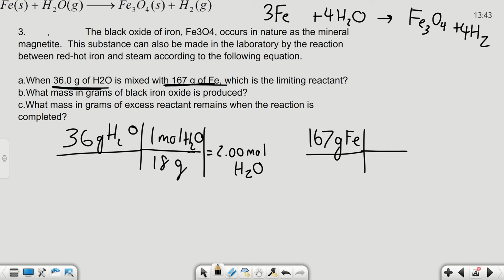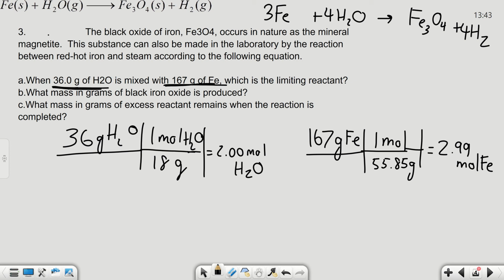And I believe that's 55.85 grams per 1 mole. And that equals 2.99 moles of iron. Okay. So now I see that I have 2 moles of water and 2.99 moles of iron.